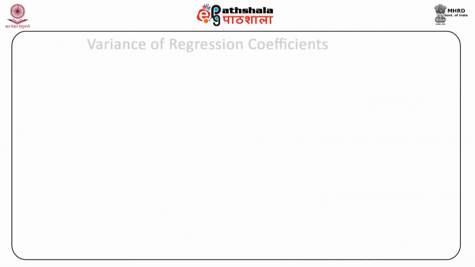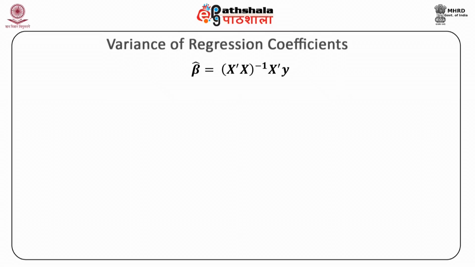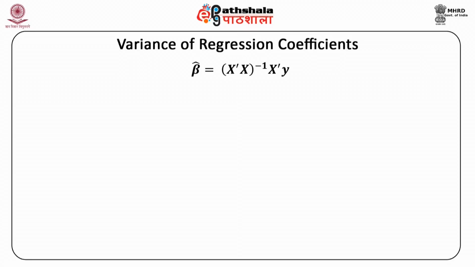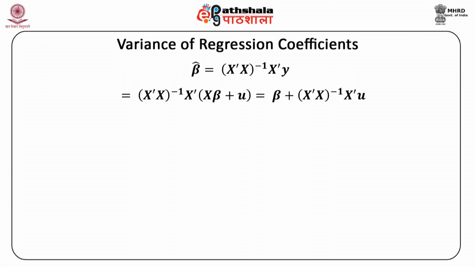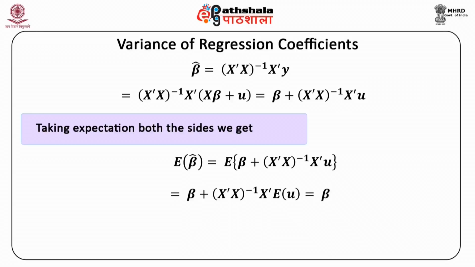Variance of regression coefficients. We know that beta hat is equal to (X prime X) inverse X prime Y. If you substitute the value of Y, which is X beta plus U, we get beta hat equal to (X prime X) inverse X prime into (X beta plus U), and this comes out to be beta plus (X prime X) inverse X prime U. Now taking expectation on both sides, the expected value of beta hat equals beta plus (X prime X) inverse X prime times the expected value of U, and hence is equal to beta.